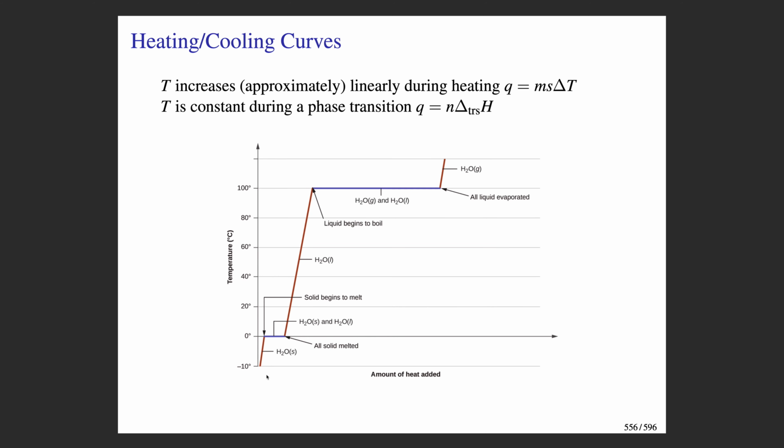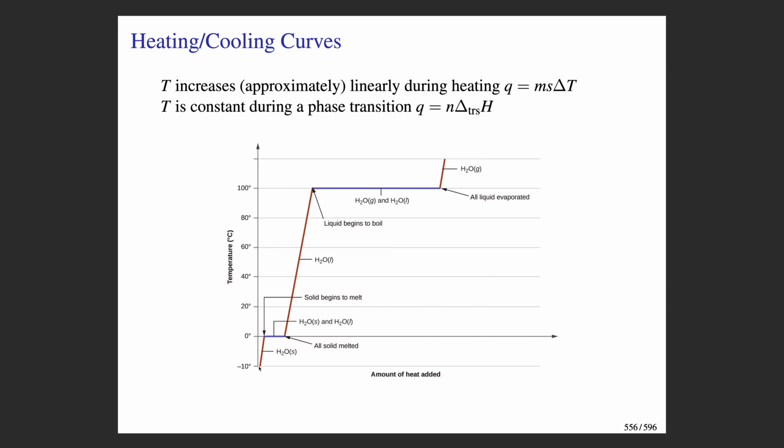This curve is illustrating what happens to the temperature as you add heat. If you imagine adding incremental amounts of heat, what happens to the temperature of a substance? Well, if you had something like ice starting at -10 degrees Celsius and then you added a little bit of heat, that's going to cause the temperature to increase.